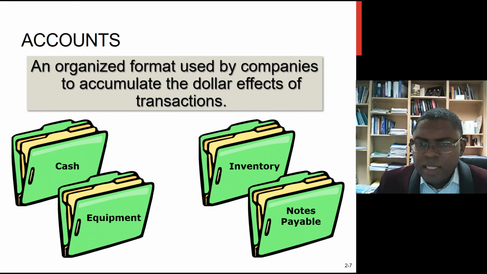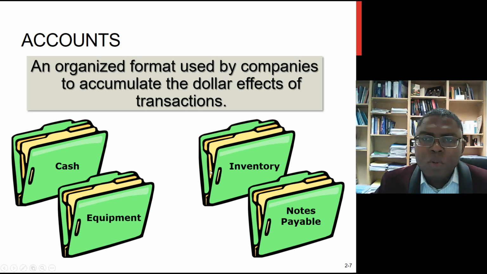When we record transactions that happen in a company, we want to understand accounts. Accounts are usually organized formats that are used by the company to accumulate the dollar effects of a transaction. So when there are changes in the company's cash, that will be reflected in the cash account. Changes in the company's inventory will be reflected in the inventory account.